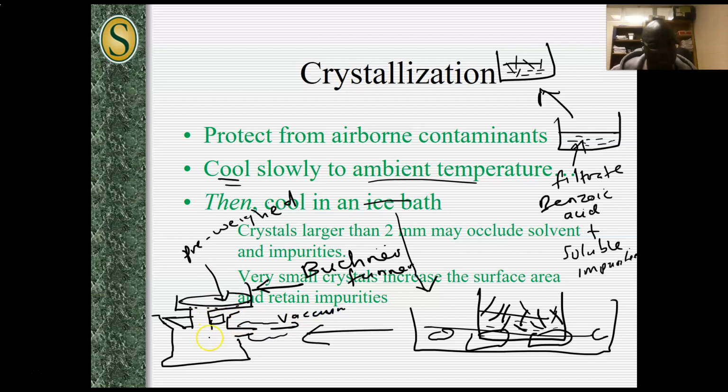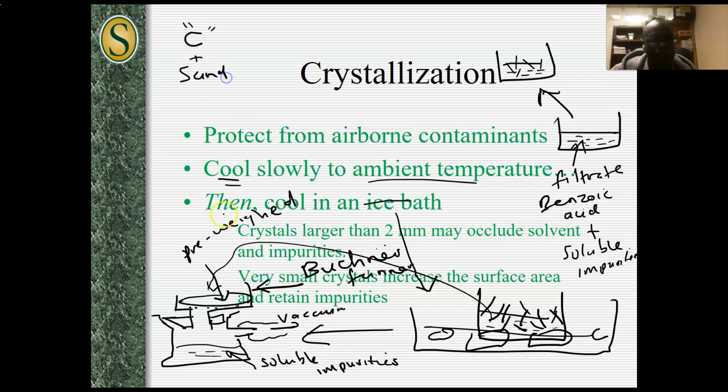The vacuum is sucking air out of the flask, and as you pour this liquid through here, you're going to collect the liquid down here as a filtrate, with the soluble impurities taken out. So you see the process. Hot gravity filtration removed the insoluble carbon and sand, and now this last vacuum filtration is removing the soluble impurities.